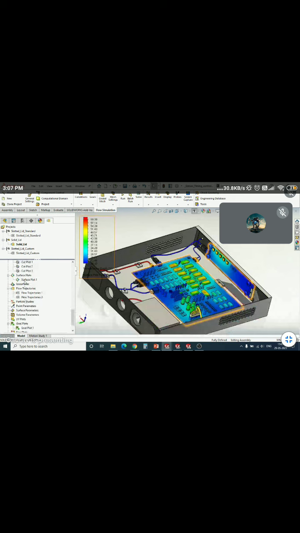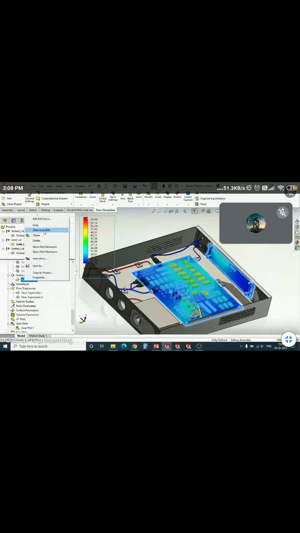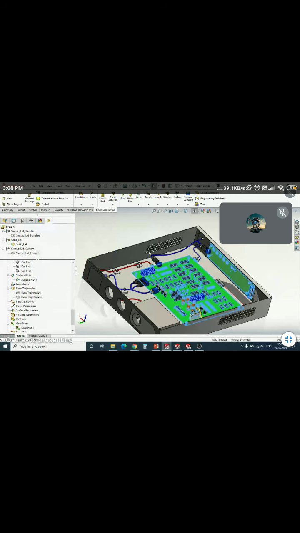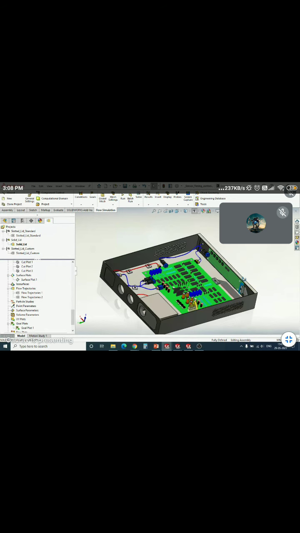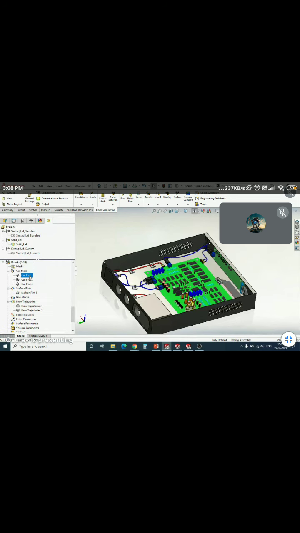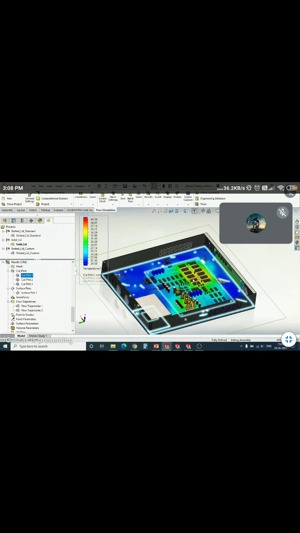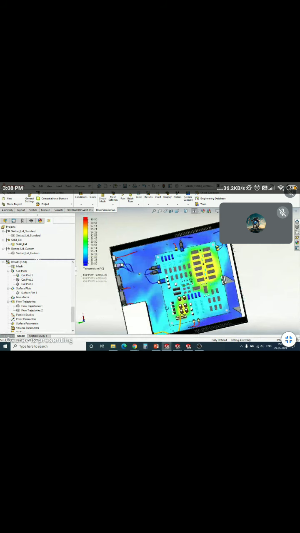Whether the temperature is more than the intended temperature, right? Whether there should be more fins or the cutout should be larger, right? Like I have created one cutout here.